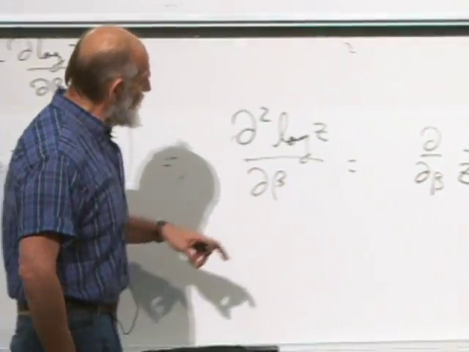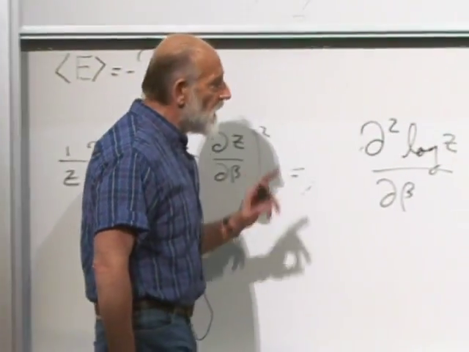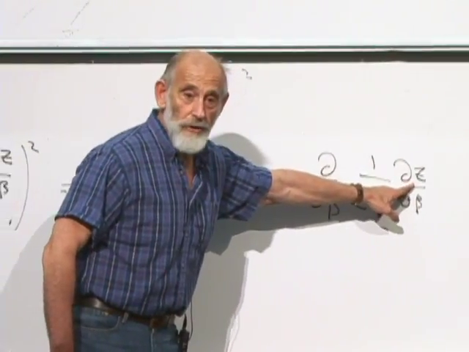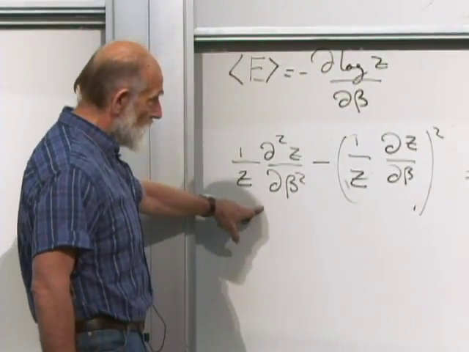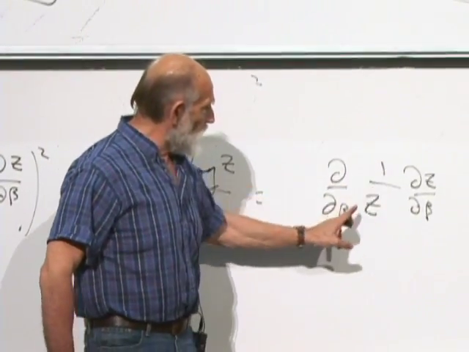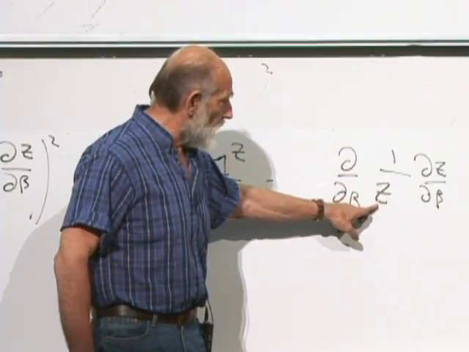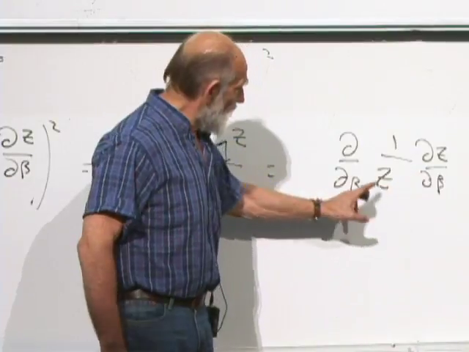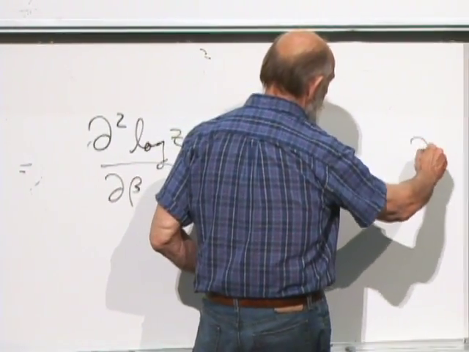All right, so what happens when we differentiate this product with respect to beta? I get one term, which is 1 over Z times the second derivative of Z with respect to beta. That's here. Now what's the other term when I differentiate 1 over Z with respect to beta? That gives me minus 1 over Z squared, times two factors of dZ by d beta. Is that clear?